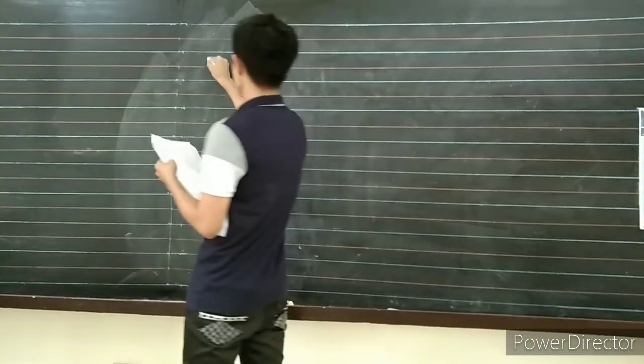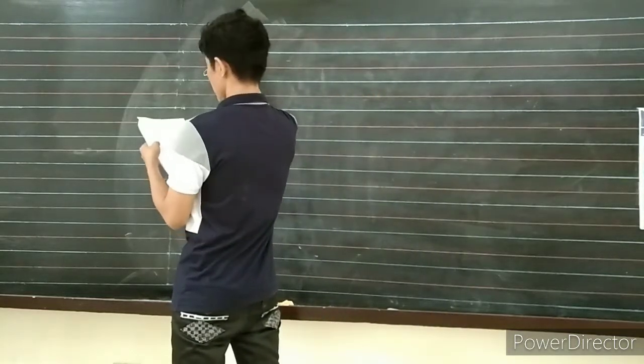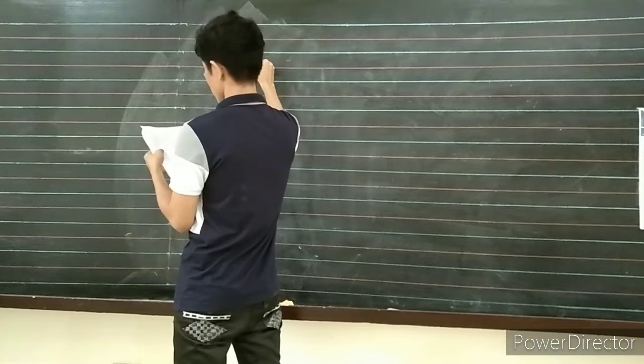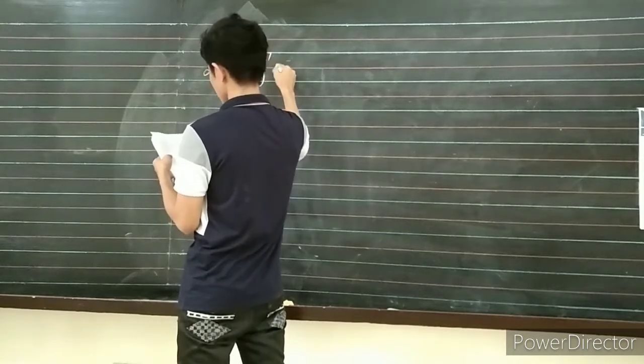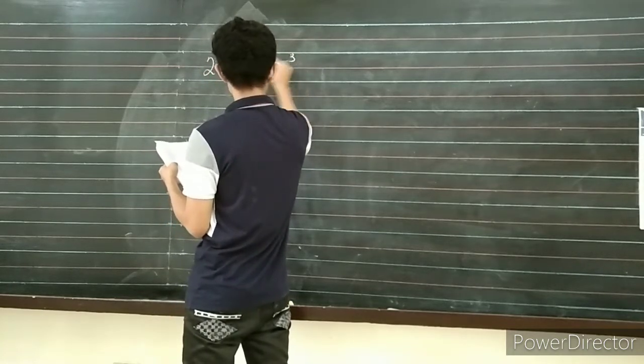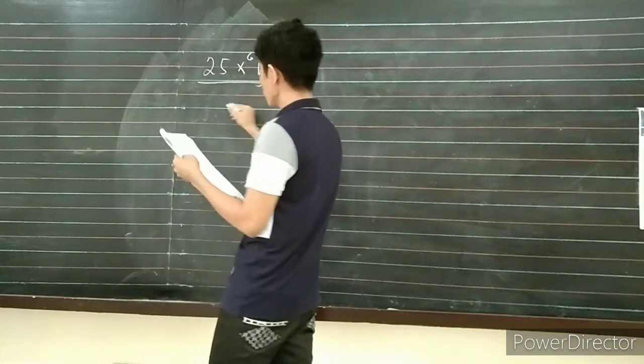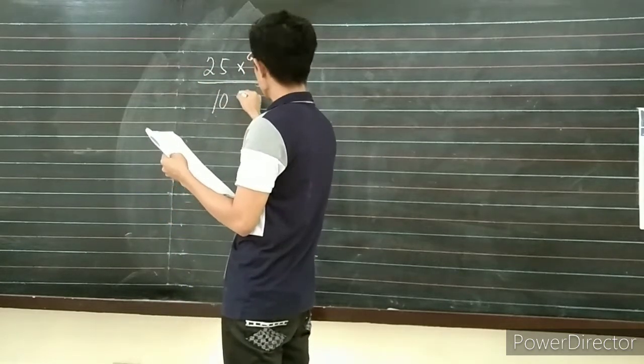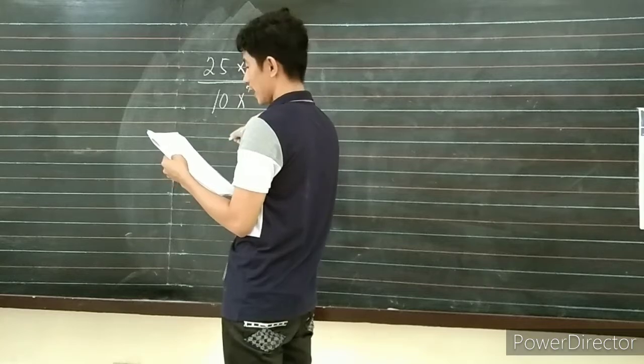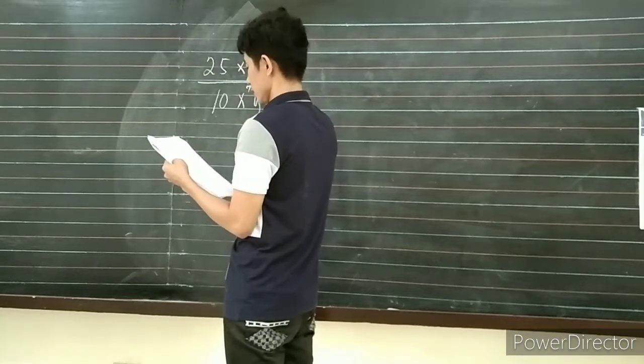So we have 25x to the 6th, y to the 7th, p cubed, all over 10x to the 7th, y to the 5th.